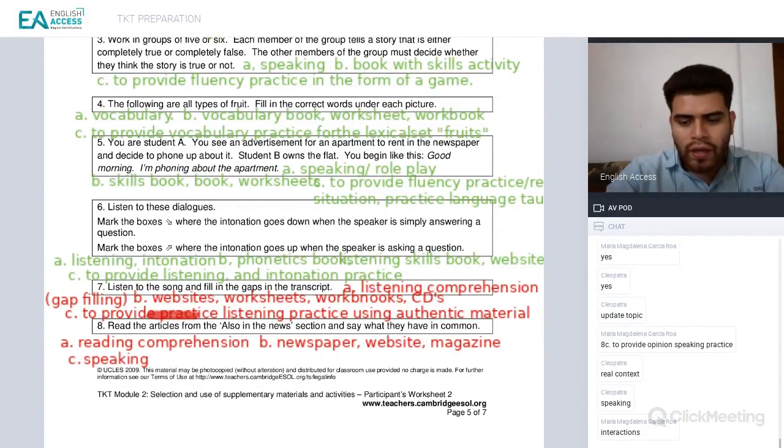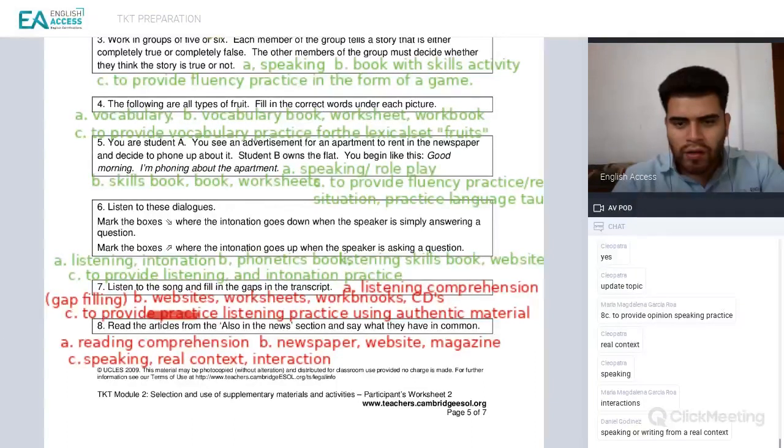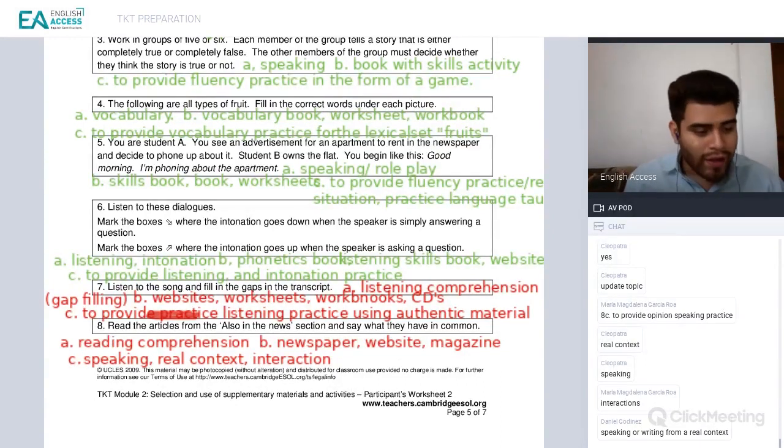For speaking, real context, interaction. All right. All of those are good. Speaking and writing from a real context.